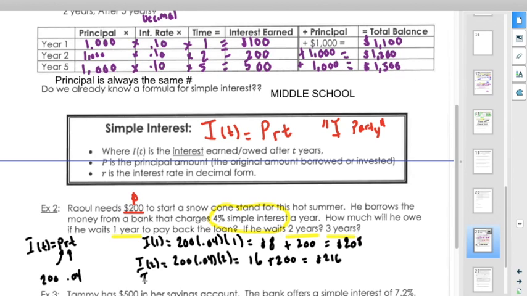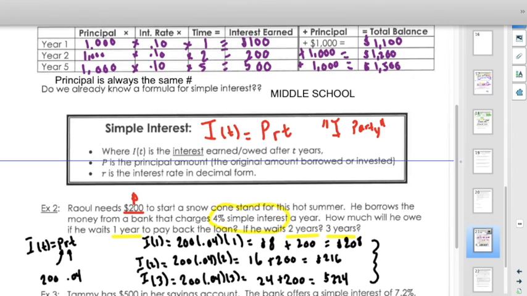What about after 3 years? It's going to be 200 times 0.04 times 3. That's going to give you 24, but you got to add it back to the principal of 200. So after 3 years, he would now owe $224. So these are your answers here, your totals.